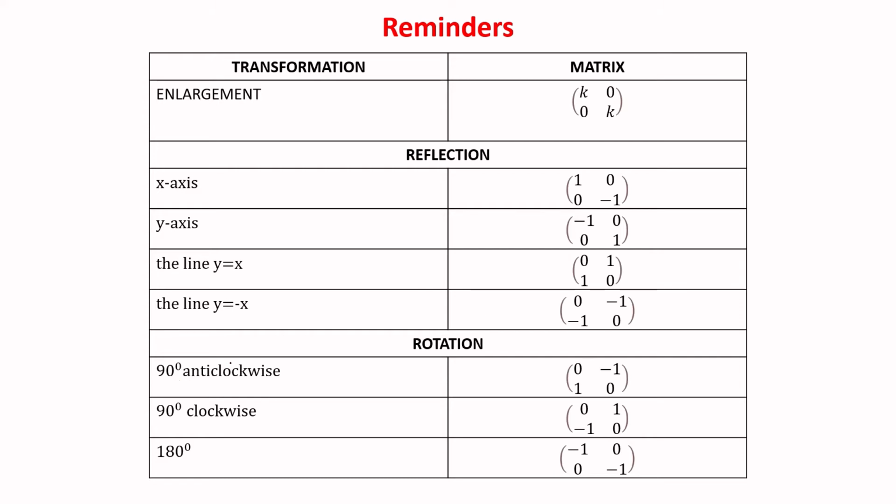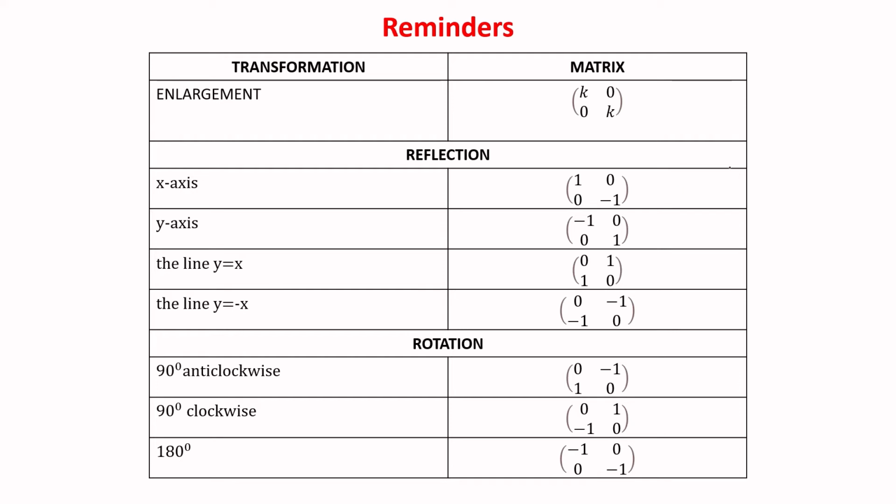And then you have a rotation 90 degrees anti-clockwise, you have 0, negative 1, 1, 0. 90 degrees clockwise, you have 0, 1, negative 1, 0. So you realize that these interchange position. And then you have 180 degrees, whether it's clockwise or anti-clockwise, it's still the same thing: negative 1, 0, 0, negative 1.